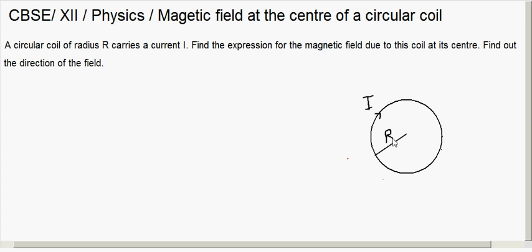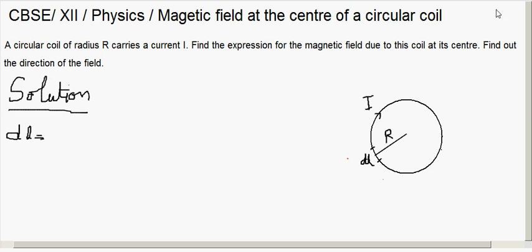To apply Biot-Savart law, what will we do? We will consider a small current element, say dl. You can write, consider a small current element dl.